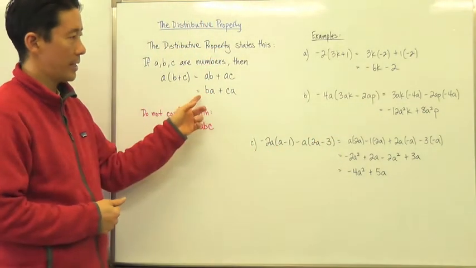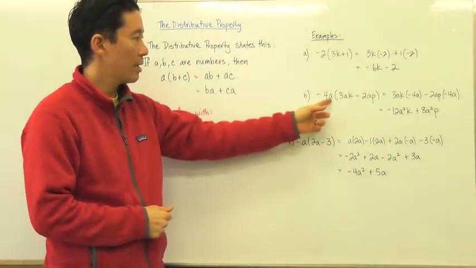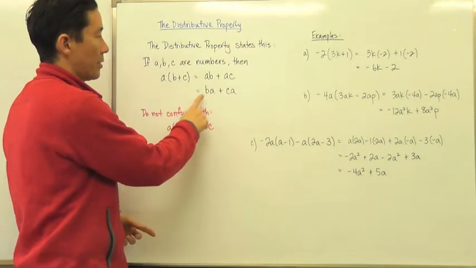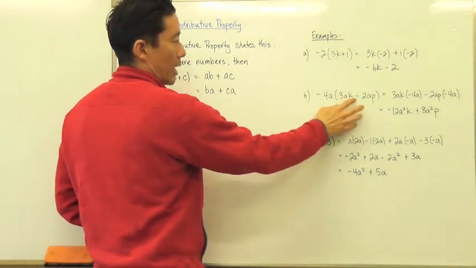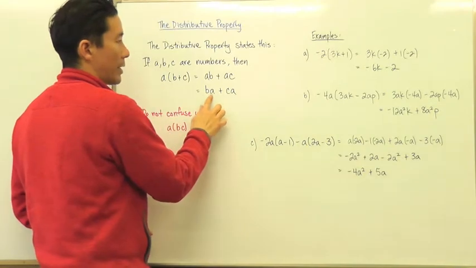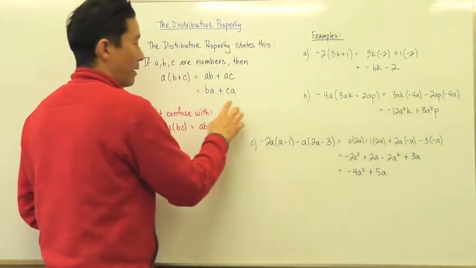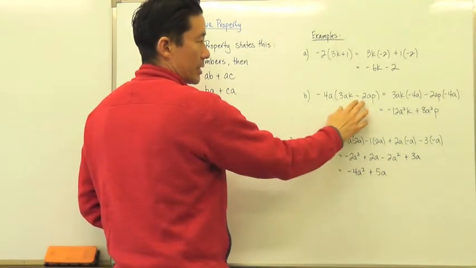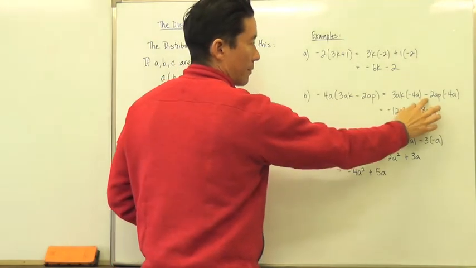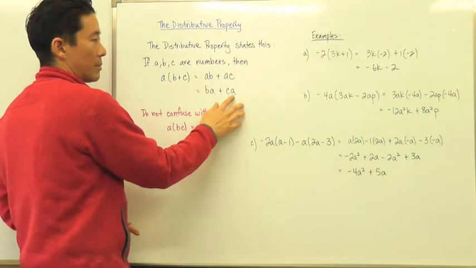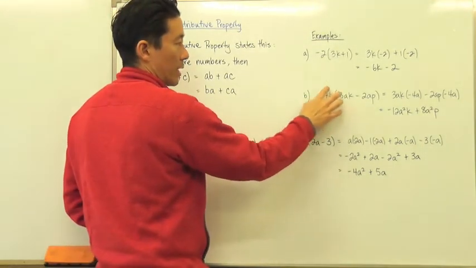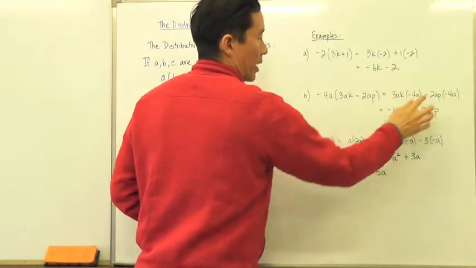So then when I distribute the negative 4a, I take b, which is the 3ak, and multiply it by the a, which in this case is the minus 4a, plus the c, well in this case it's a minus 2ap, again times the value of a, which is what I'm distributing, which is minus 4a.